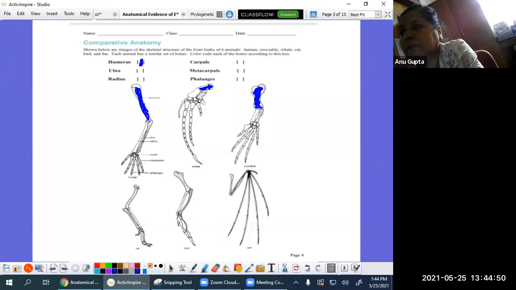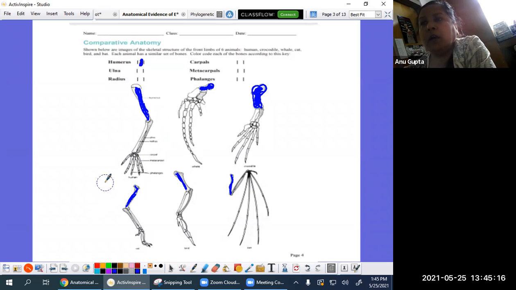Color this. You can outline and fill it up. You don't have to be perfect. This is the humerus here, and this is the humerus here for this one. And this is the humerus for the bat.